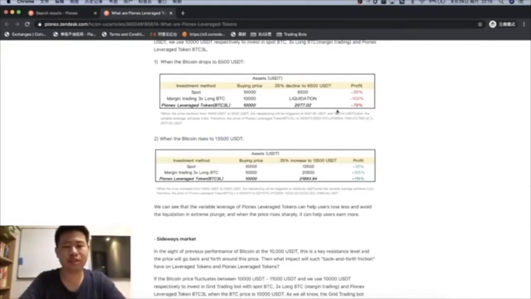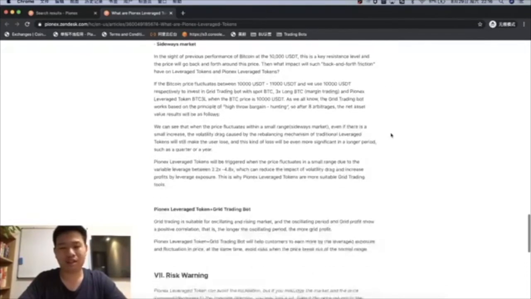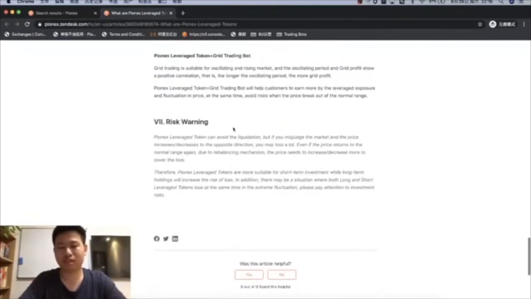Yeah, so you can see that leverage tokens always perform better than normal leverage, because you may be liquidated when you're playing the futures or the leverage, but you won't be liquidated just trading the leverage tokens, though you may lose a lot, like 99%. Yeah, so there are still some risks, so we have also written them in the tutorial.